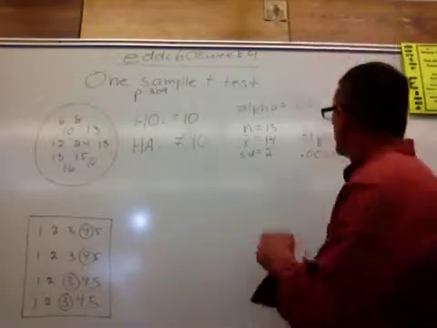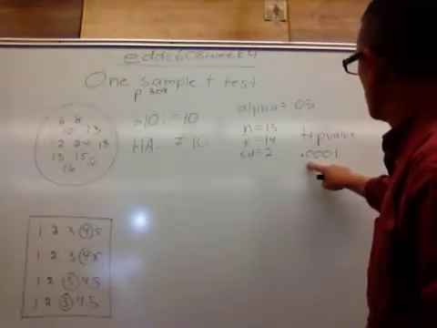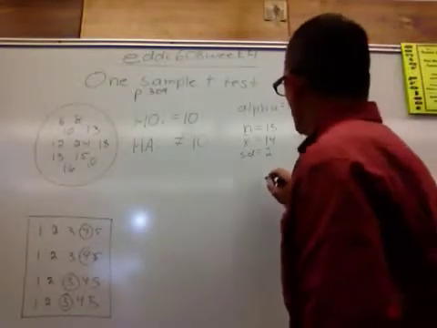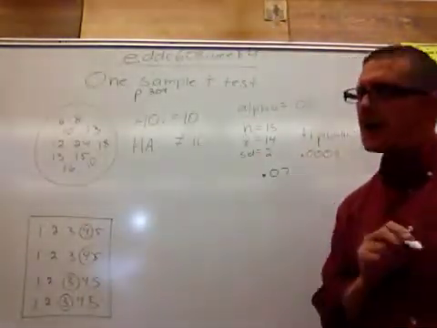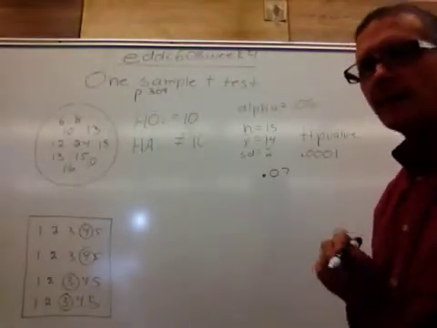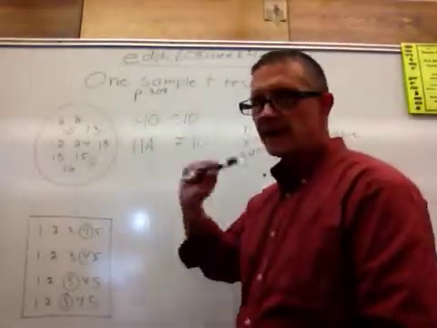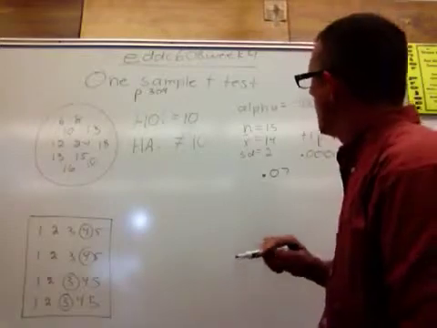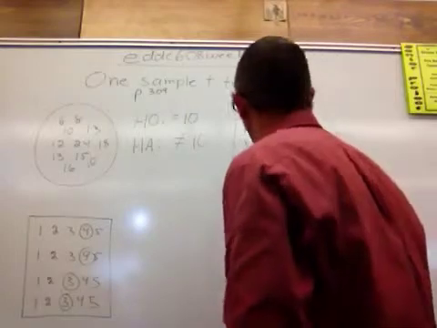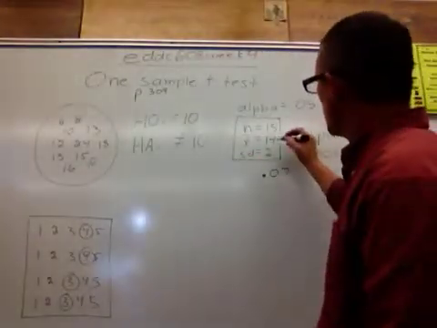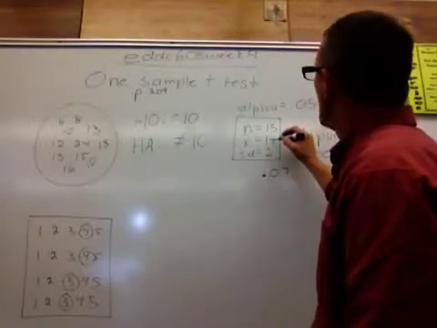Now, what affects this p-value? So for instance, say we had a p-value of 0.07, that would not be smaller than 0.05. As a result, we could not reject the null hypothesis that the mean length of the cat's tail was 10. Now, how would that come about? Well, it depends on the properties of the sample. So, for instance, let's keep our original values and let's make our sample mean only 11.